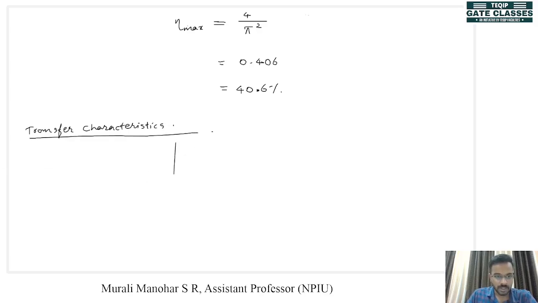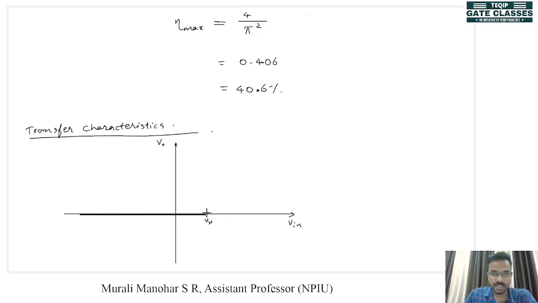Now we can also draw the transfer characteristics of this practical diode based half wave rectifier. If you remember, transfer characteristics is the relationship between input and output. So here we have our input voltage, here we have our output voltage. Until V gamma is reached, there is no output, and also when Vin is negative, there is no output.